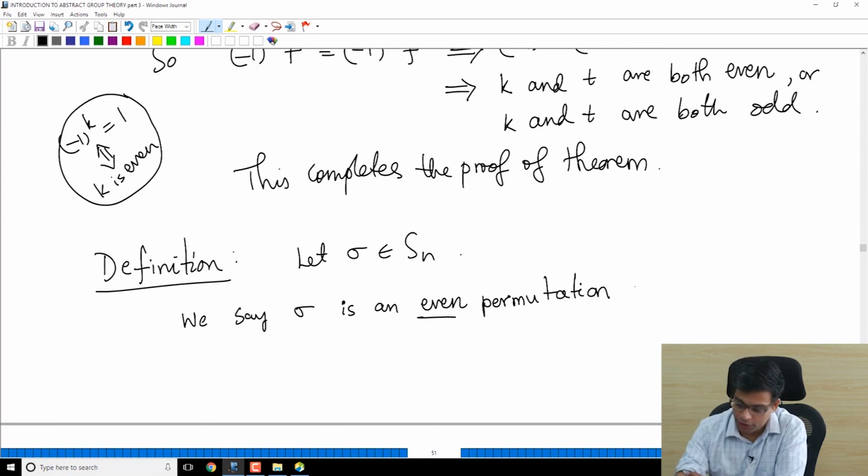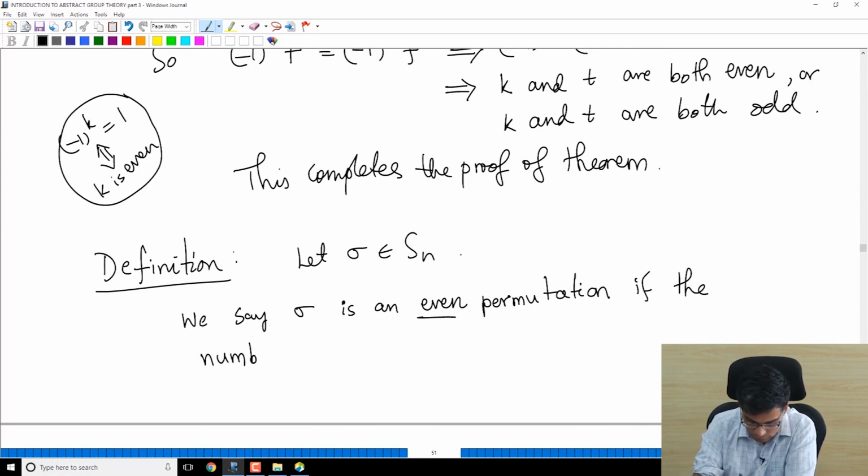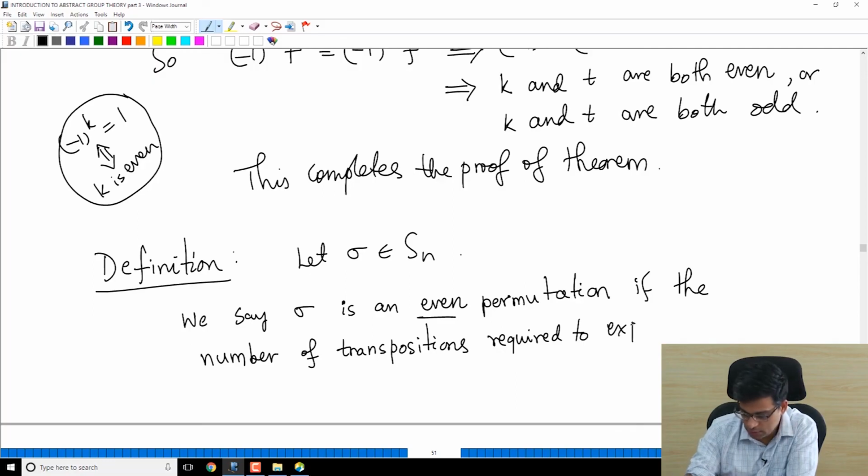Sigma is an even permutation if the number of transpositions required to express sigma as a product is even.